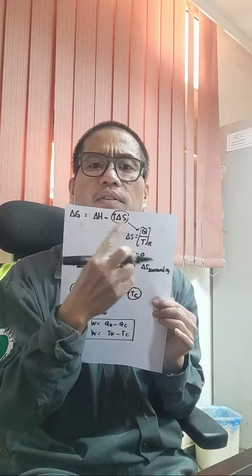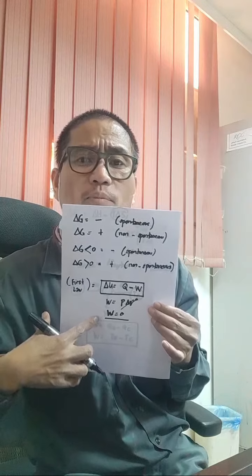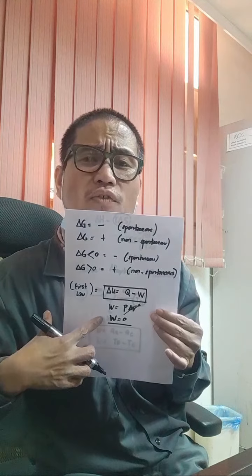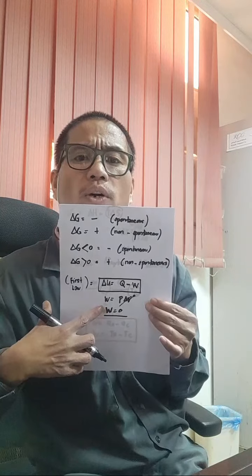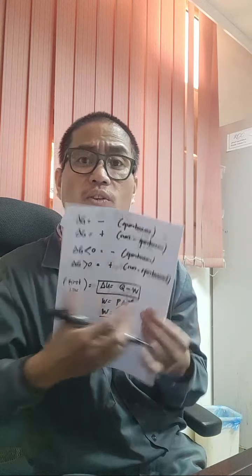If we treat this as an isochoric or isovolumetric thermodynamic process in which there's no change in volume, automatically our work is equal to 0. If we substitute work equal to 0 here, therefore delta U is equal to Q.